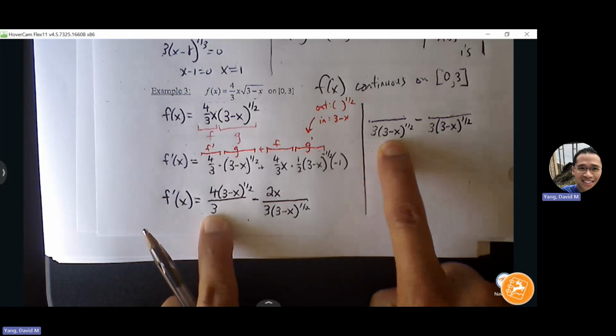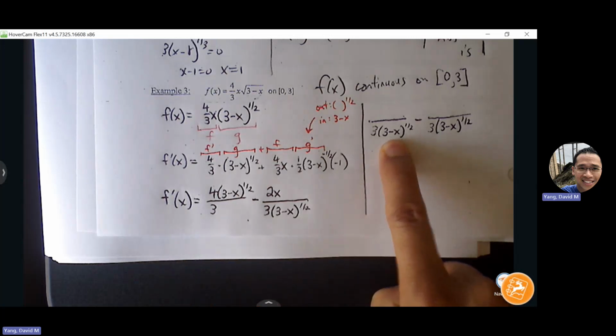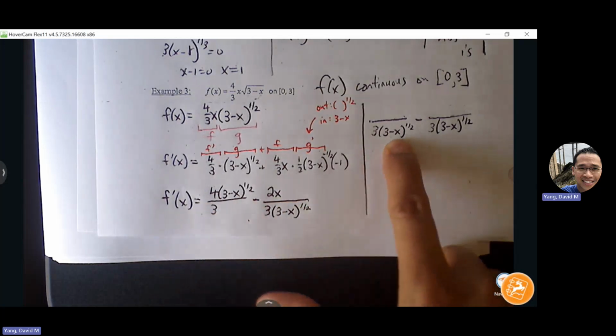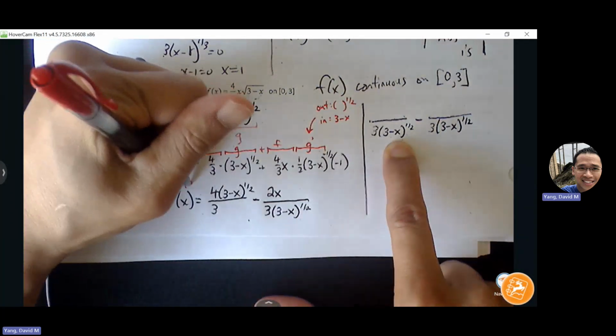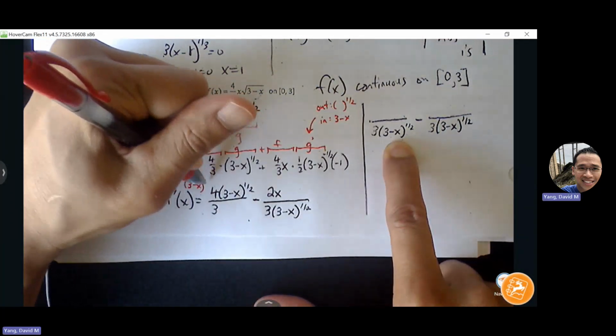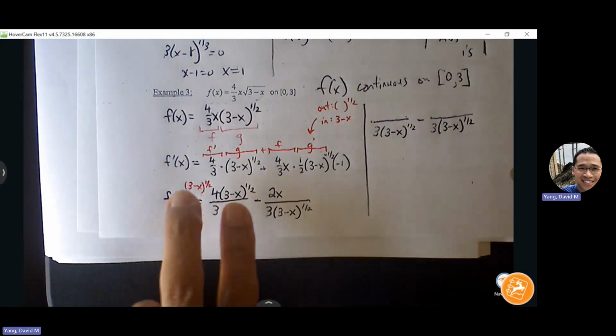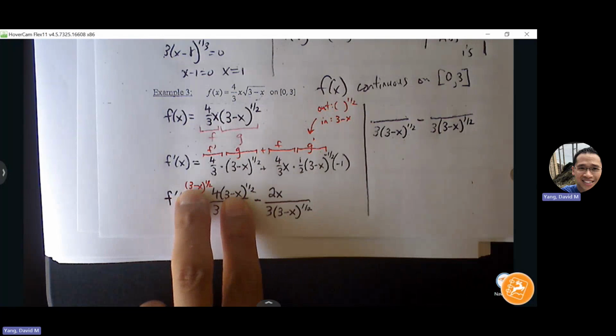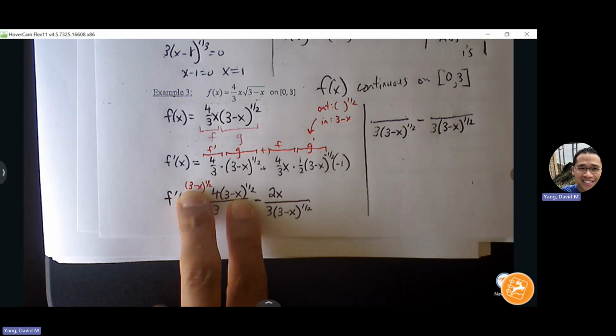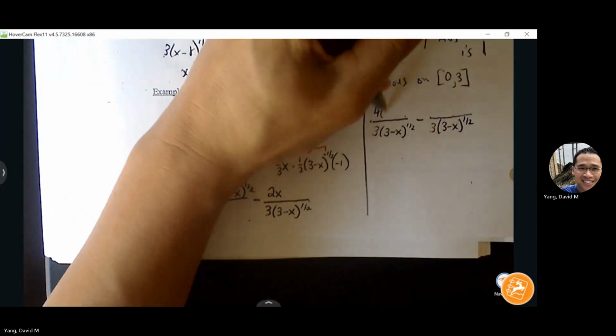There's a difference here. This old denominator is missing that square root. So I'm going to multiply the numerator by 3 minus x to the 1/2. And when I do that, the nice thing is this is square root times square root, so the square root drops out. I'm just left with 3 minus x. So it's just 4 times 3 minus x up top.